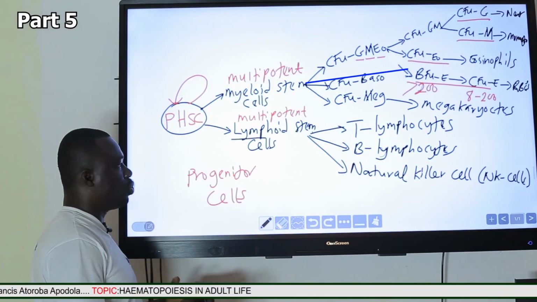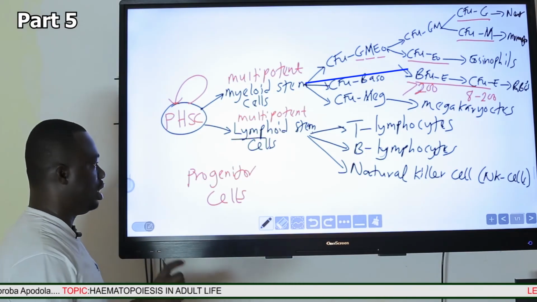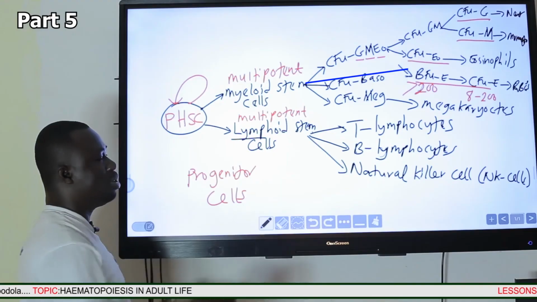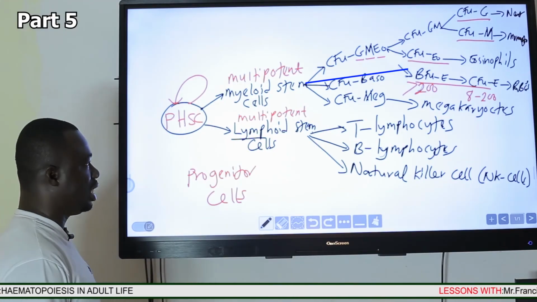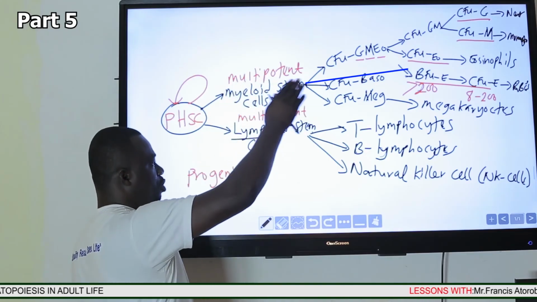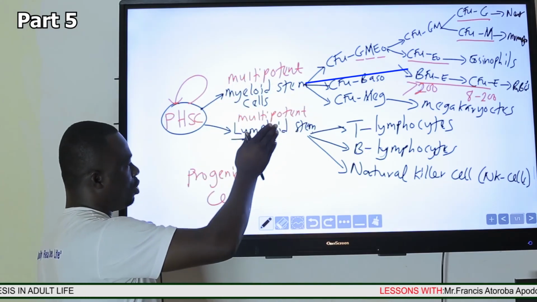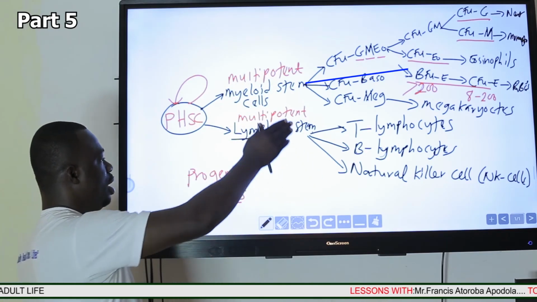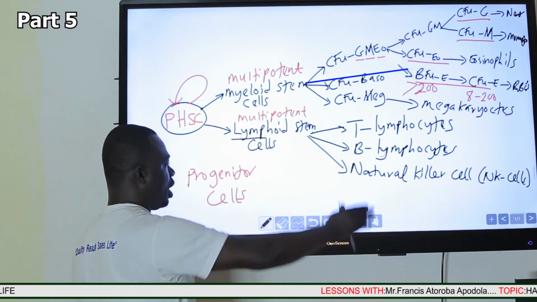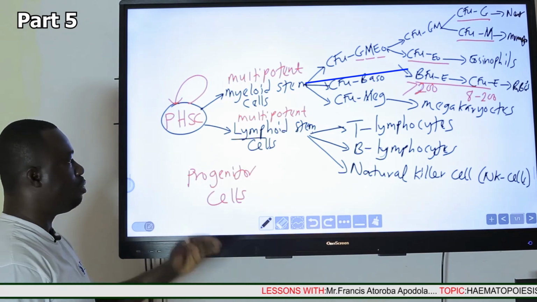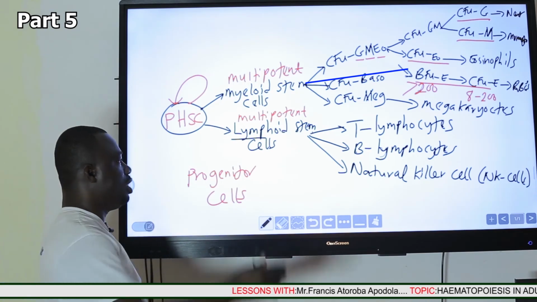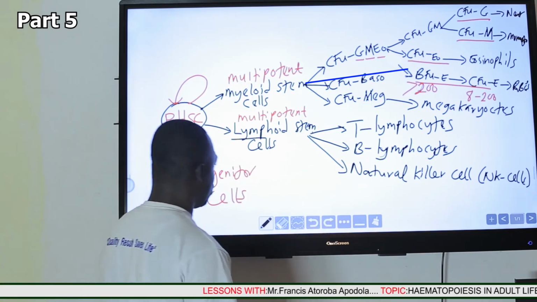I want us to quickly introduce some terminologies with respect to the production of these individual terminally differentiated cells. I mean the neutrophils, monocytes, eosinophils, erythrocytes or RBCs, megakaryocytes, lymphocytes. So we want to introduce terminologies when it comes to the production of these terminally differentiated cells.